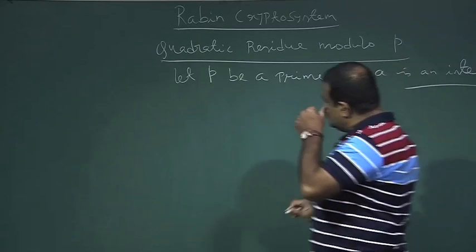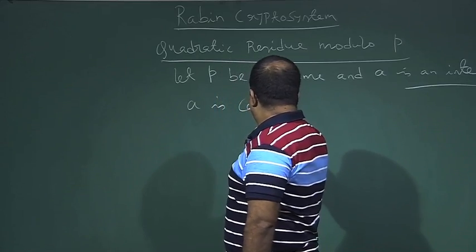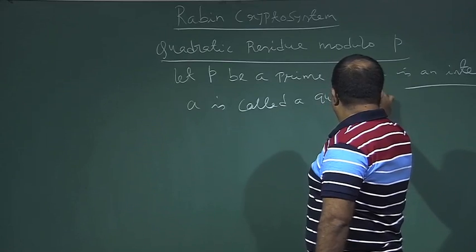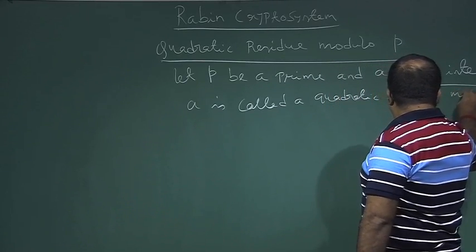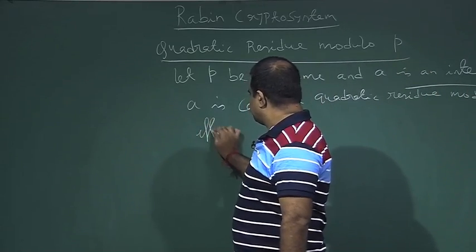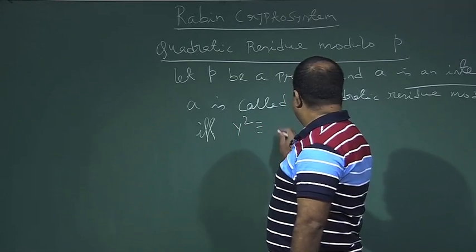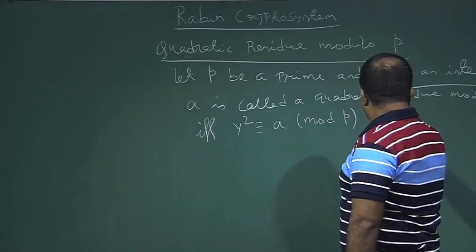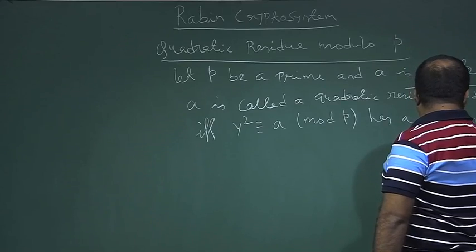Then the definition is: a is called a quadratic residue mod p if and only if the modular equation y square equal to a mod p has a solution in Z_p.